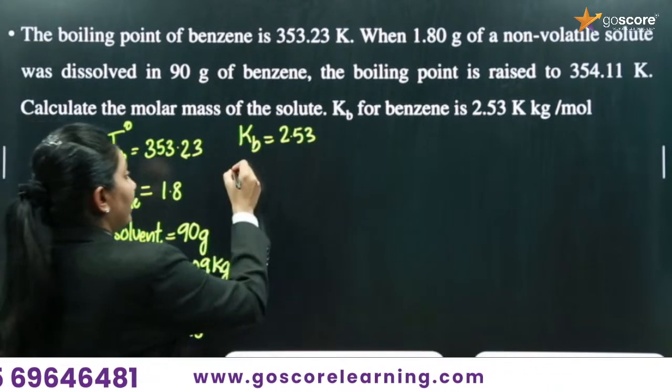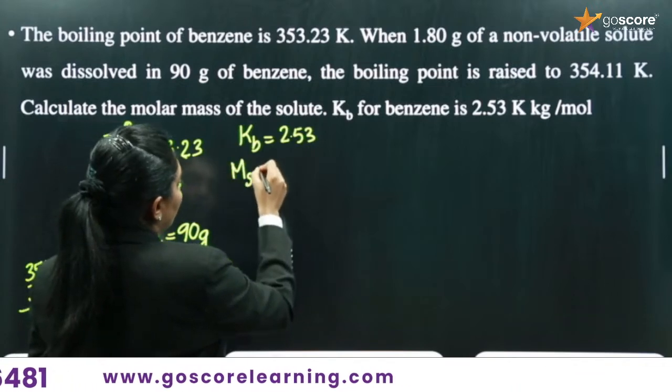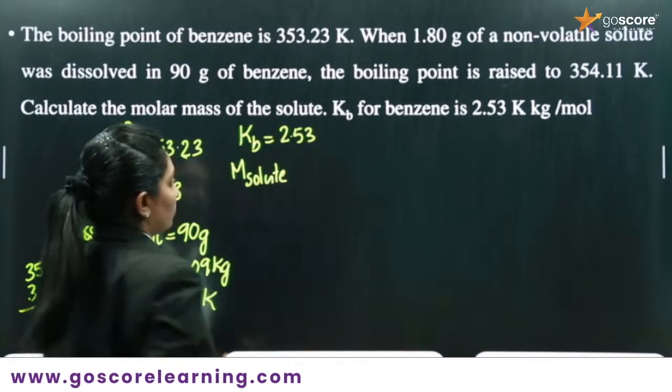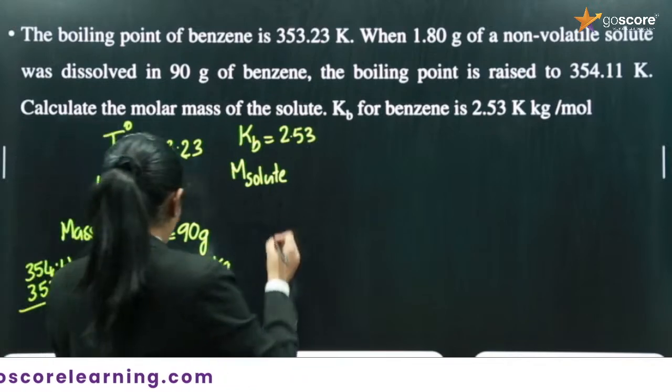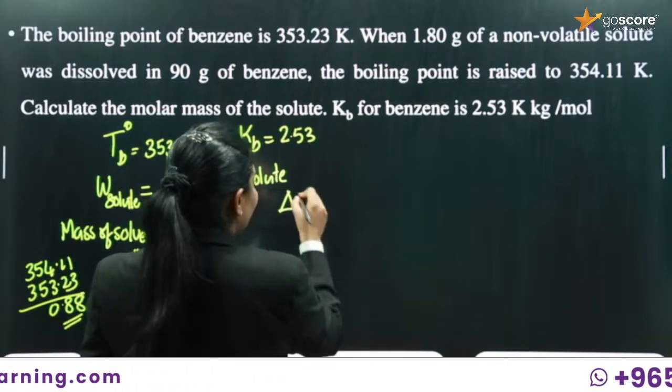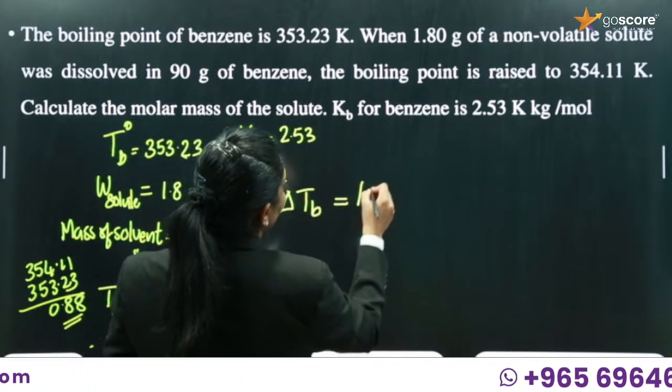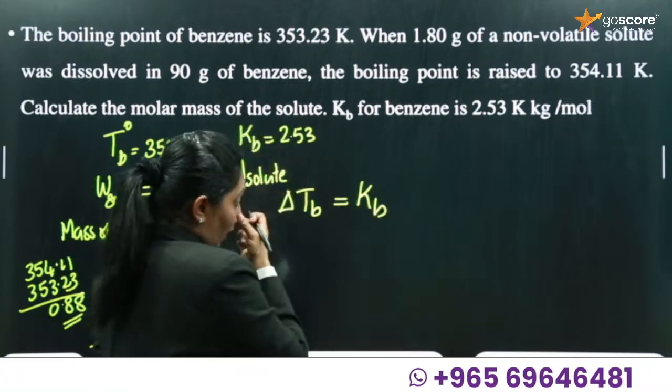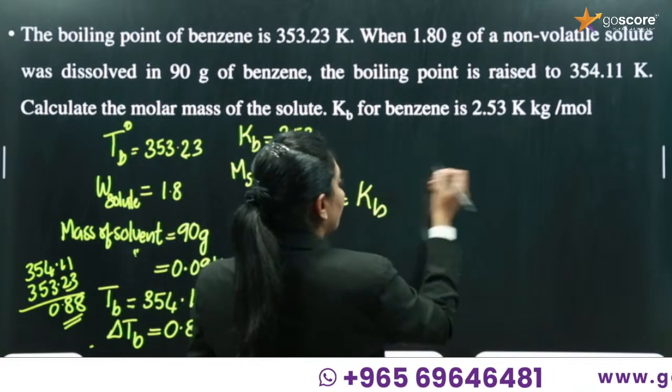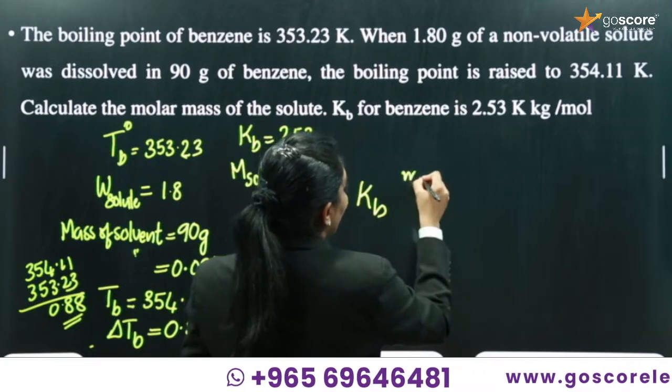You want to calculate the molar mass. The equation is delta TB is equal to Kb into molality, meaning the number of moles of solute, that is the mass.